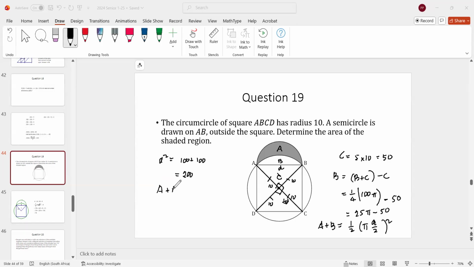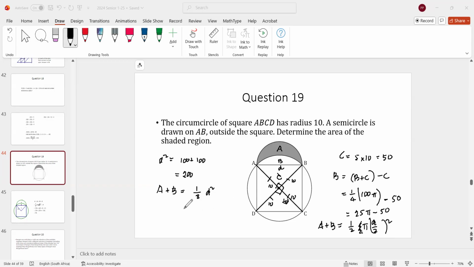So A plus B is, you got a half, only the radius is squared, sorry. It's half pi r squared. So pi d squared over 4, and then another 2 there, so pi d squared over 8. 1 over 8 d squared pi.